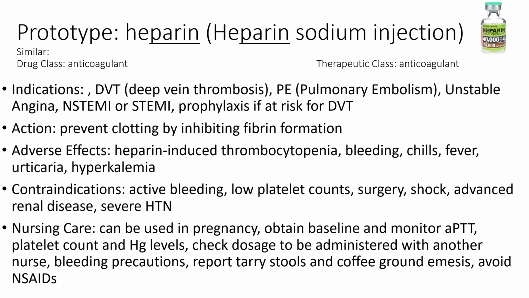Okay, so when would we not use heparin? Well, if you have active bleeding, we're definitely not giving you heparin. If you already have low platelet counts, well, because of that adverse effect of heparin causing a lowering of the platelets, we're not going to give you heparin.